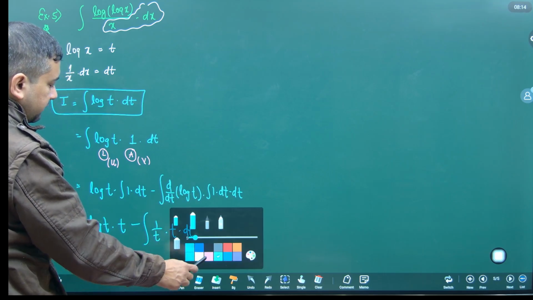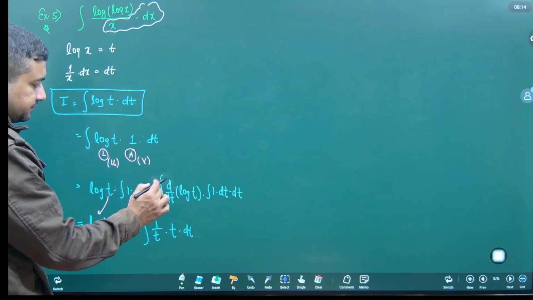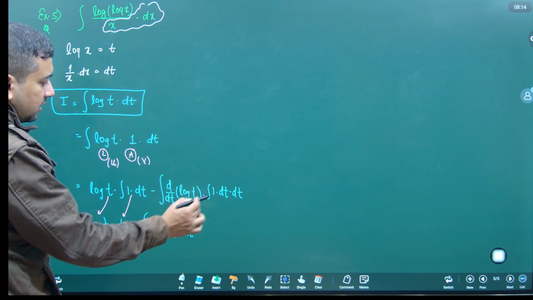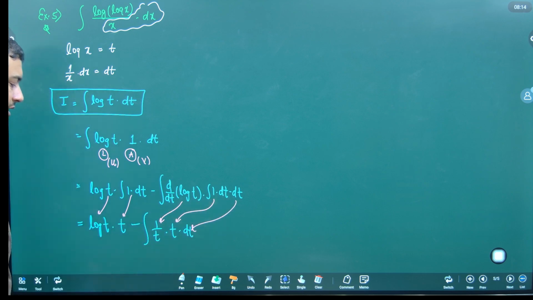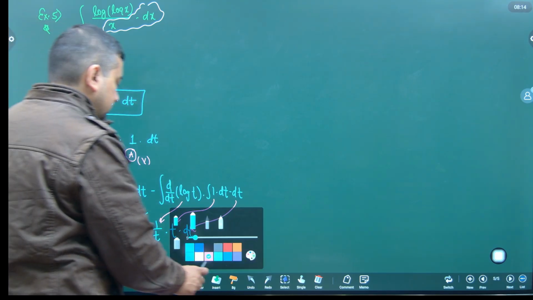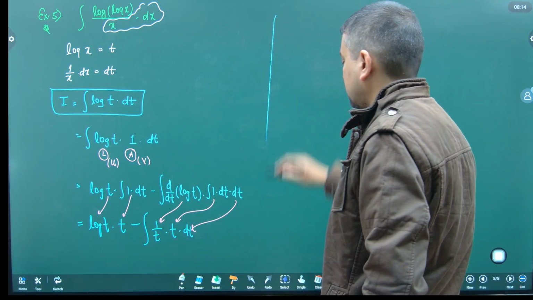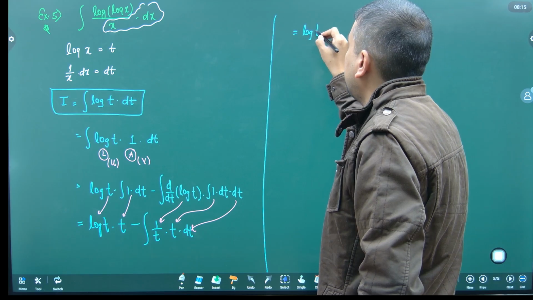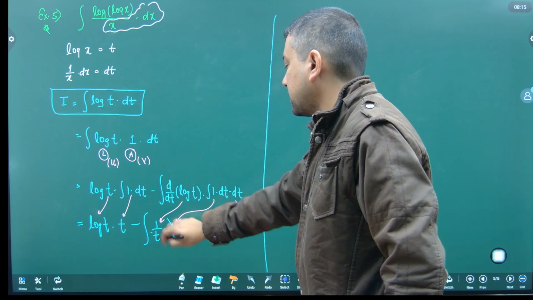So if you are still confused, here log t I have written as it is, integral 1 I have written t, derivative of log t is 1 by t, integral of 1 is t, and this dt as it is, right? So write the next step now. Write the next step. So it will be log t into t minus this t, you can cancel.